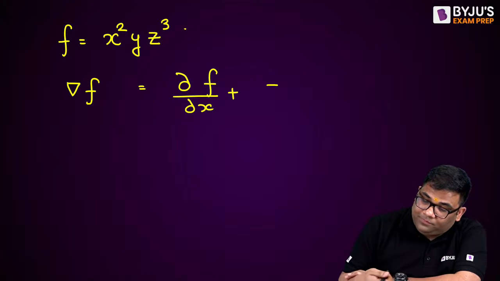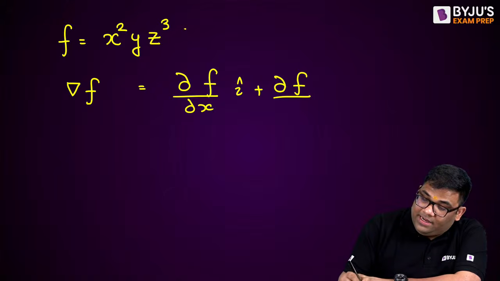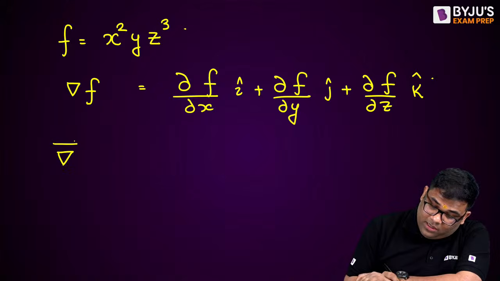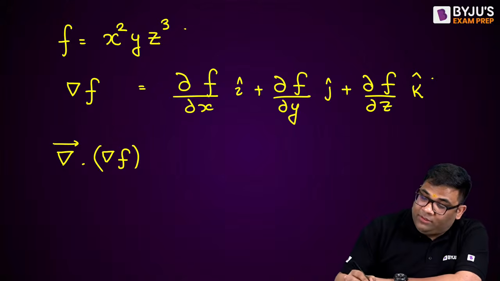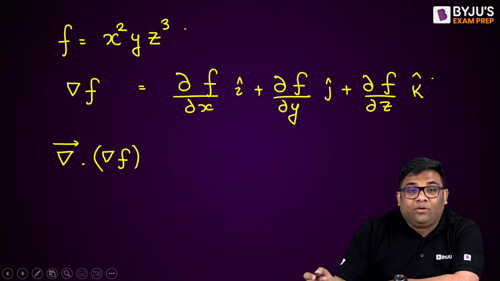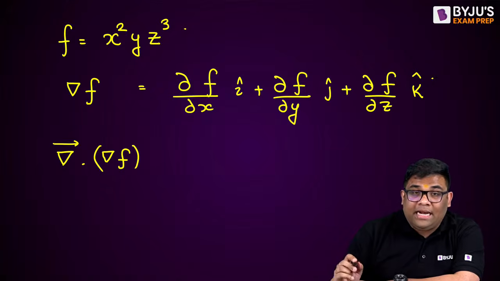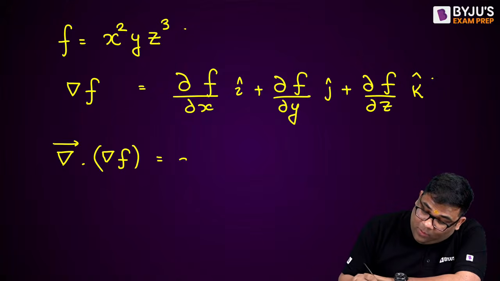Then i cap, then del f by del y j cap, plus del f by del z k cap. Now when you do the divergence of this gradient of f, you take this vector and operate the del operator with a dot product.